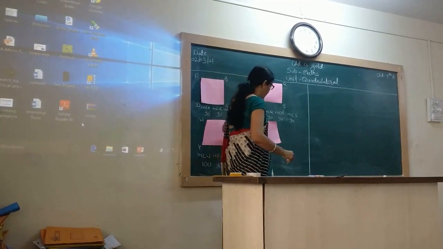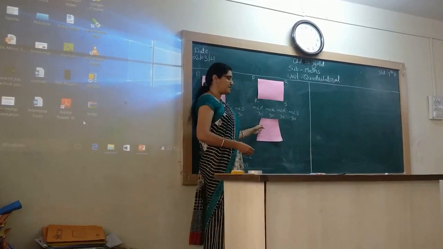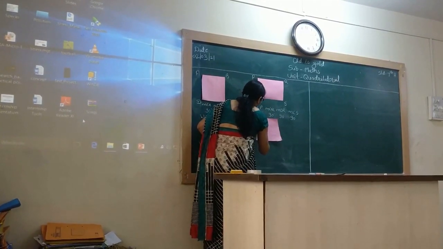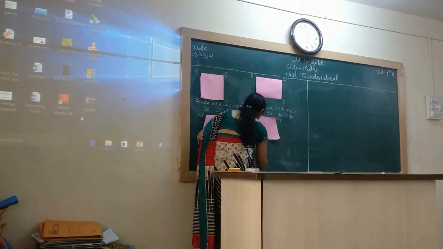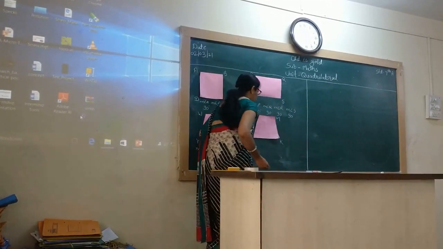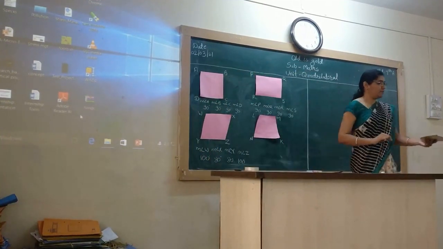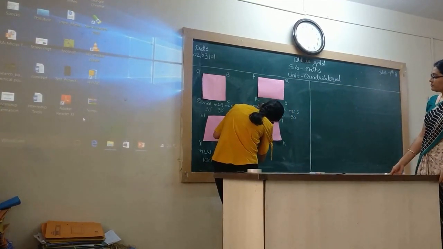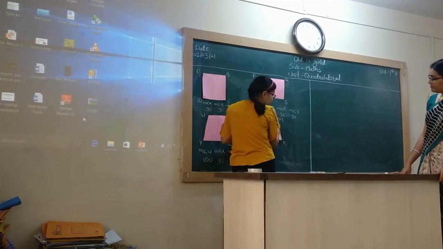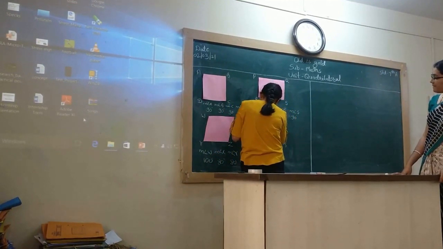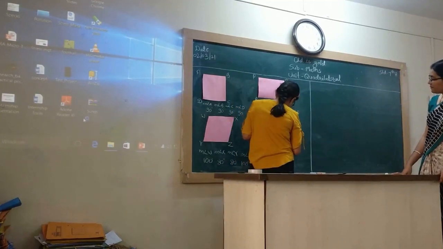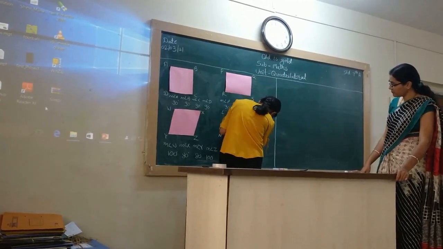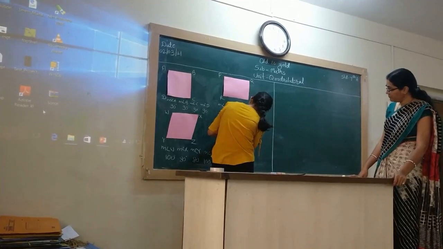Very good. Now this is the trapezium. Suppose L, M, N and K. So come here and measure all the angles. 100 degrees. 100 degrees. Okay. 80 degrees.